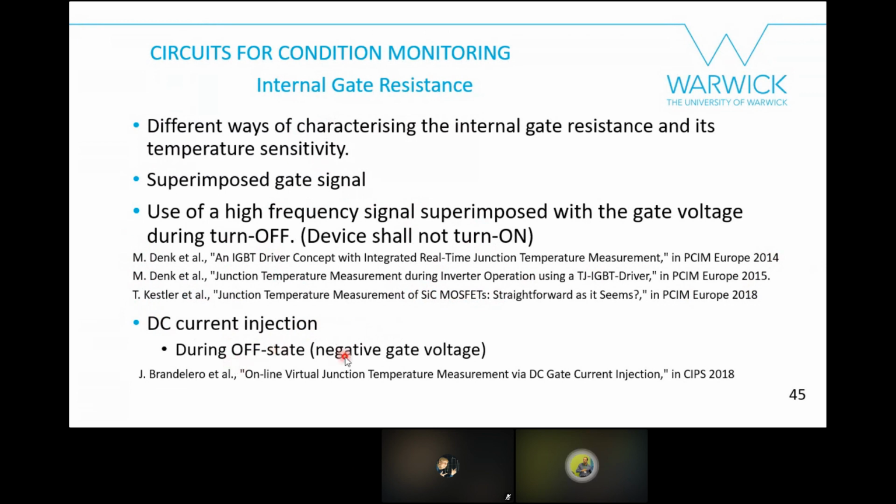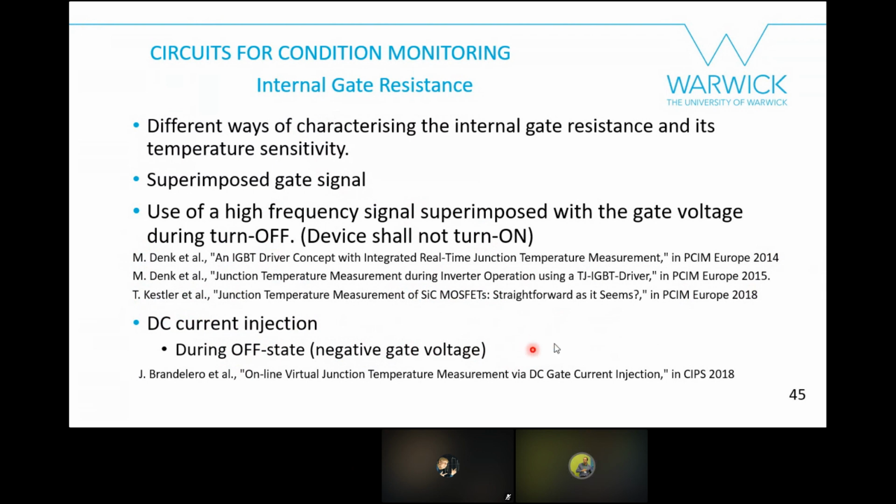Also some people are proposing a DC current injection during the off state. It also requires a negative gate voltage. Just think that your gate voltage in the off state is -5 volts, and you inject a current into the gate. You have the gate resistance and the input capacitance of the MOSFET.